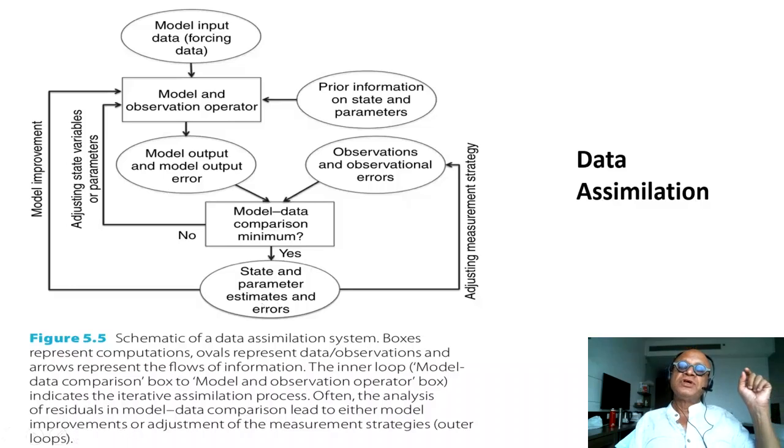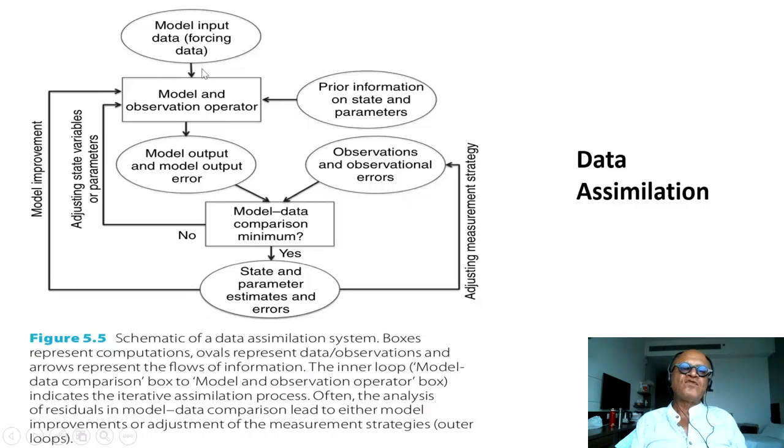So you can use observations as targets to estimate the errors in the model parameters. I'm being very hand wavy, but without going into the details, it's hard to explain those things. But you can see the loops here. Once you do state, parameter estimates and errors, you can improve the model.